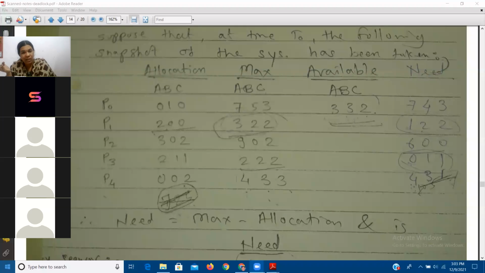So as maximum need is satisfied, process P1 will go for completion, and after completion it will release all the resources.